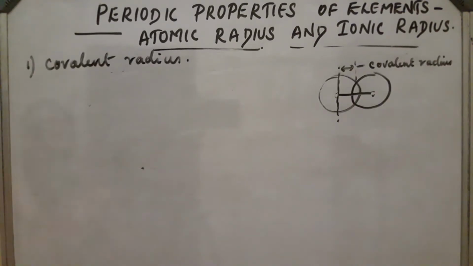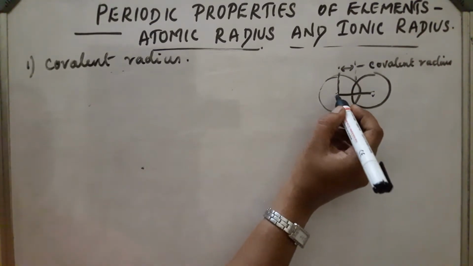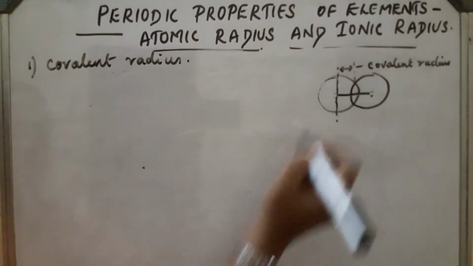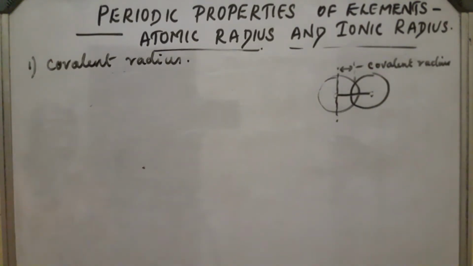The first one is covalent radius. We know the internuclear distance is the distance between the nuclei of two bonded atoms. The radius will be half of the internuclear distance. So how can we define covalent radius?